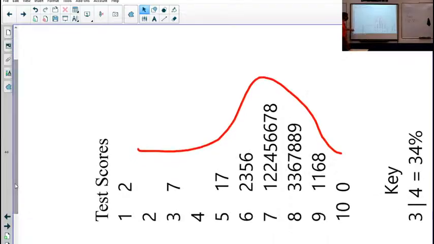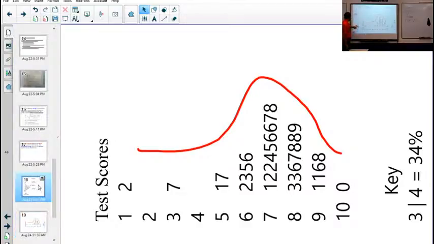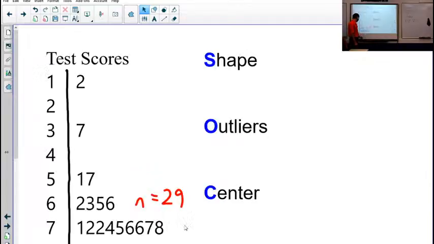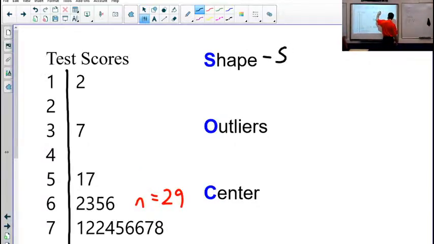This is generally what our shape looks like. That is skewed so that the tail that's causing the skewness is on the left-hand side. So this is a skewed left distribution. So, skewed left.